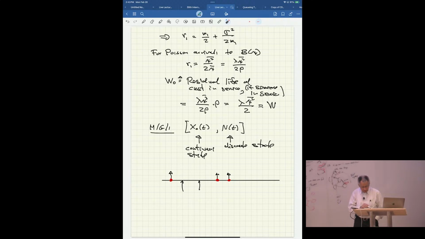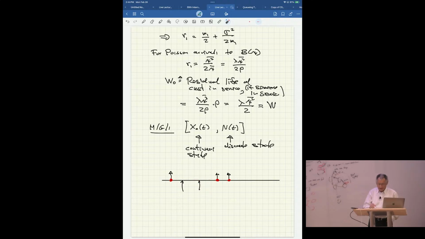Because that's what this red thing will be. I'm looking for n of t only at these times here. That's the number left behind by a departure. Well, it's not clear that's going to help me. What good is that? It doesn't tell me what's happening at these other points, does it?